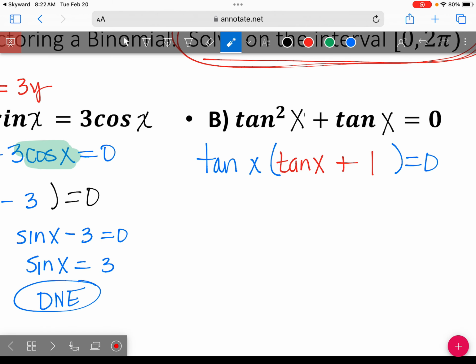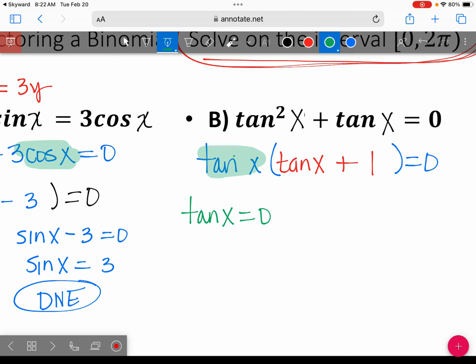So now you're going to set both of these equal to 0. So your first one, this is your first factor, tangent. So on the unit circle, you're going to tell me where is tangent equal to 0. So tangent is sine over cosine. So where is tangent equal to 0?